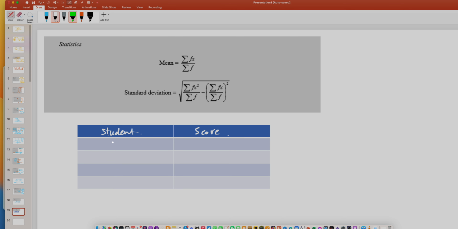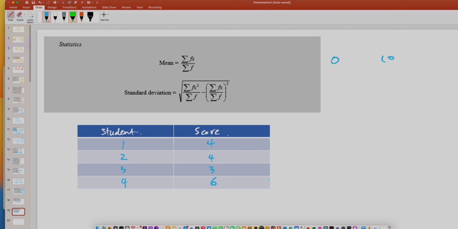Student 1, student 2, student 3, student 4. Let's say the score is between 0 and 10. So let's say this is 4, this is 4, this is 3, this is 6.